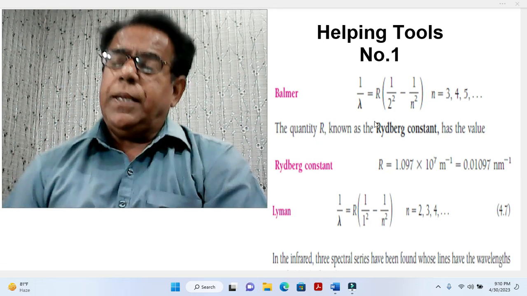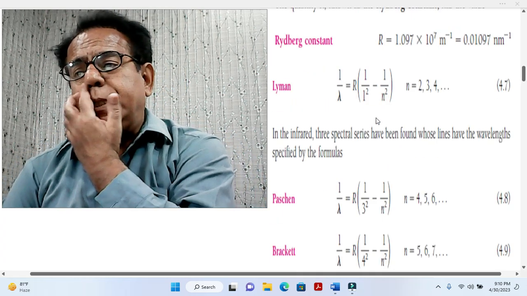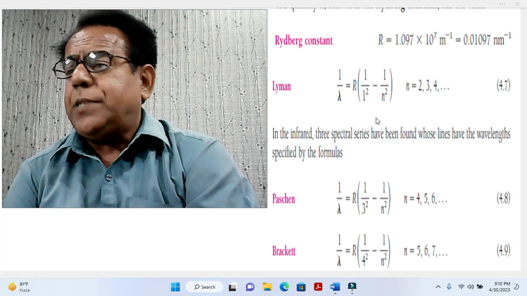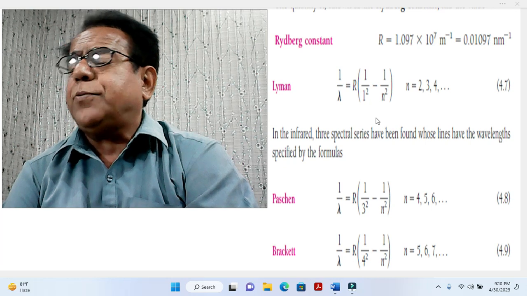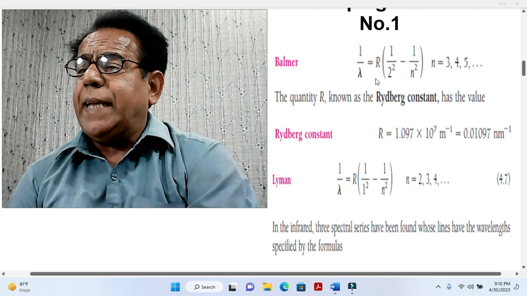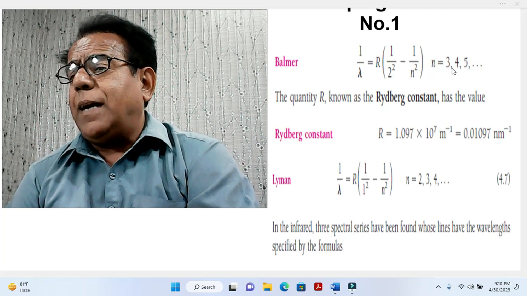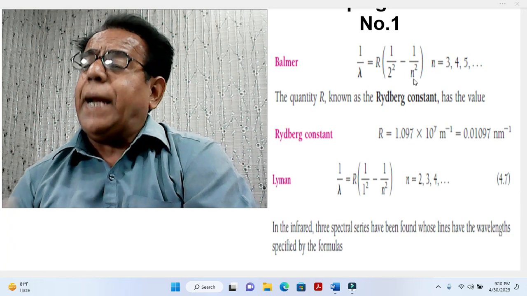Now we move to Lyman series. Lyman series: 1 over lambda equal to R times 1 over 1 square minus 1 over n square, where n is equal to 2, 3, 4 and so on. Dear students, here we had seen that when this is 2, then n starts from 3, that is one step ahead.